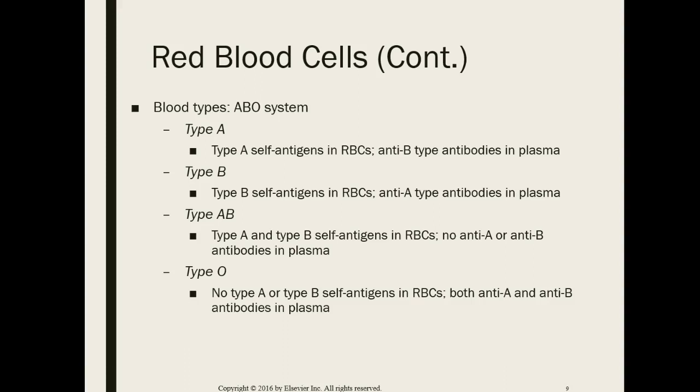It can receive any type of blood because there are no antibodies that will form a defense against those other blood types. And then type O does not have any antigens, but it contains both anti-A and anti-B antibodies. So type O is the universal donor because there are no antigens on the blood cells. They won't cause a response from any of those anti-A or anti-B antibodies.